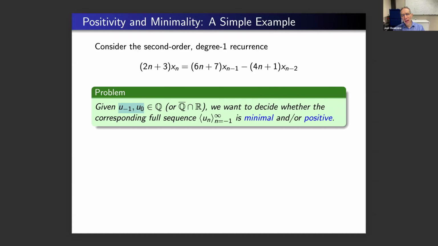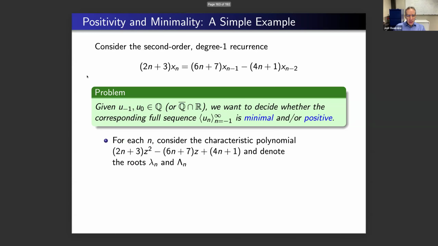So given the first 2 values, and let's assume they're rational numbers or maybe real algebraic numbers, we want to determine whether the full sequence is minimal. Or perhaps another problem, and they're related, whether the full sequence is positive. Positive means every un is greater or equal to 0. That's an algorithmic problem. Can we do this?